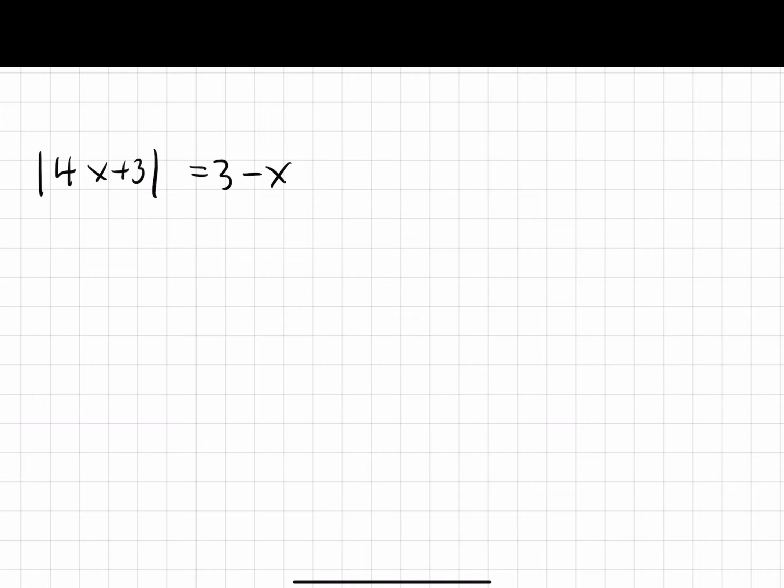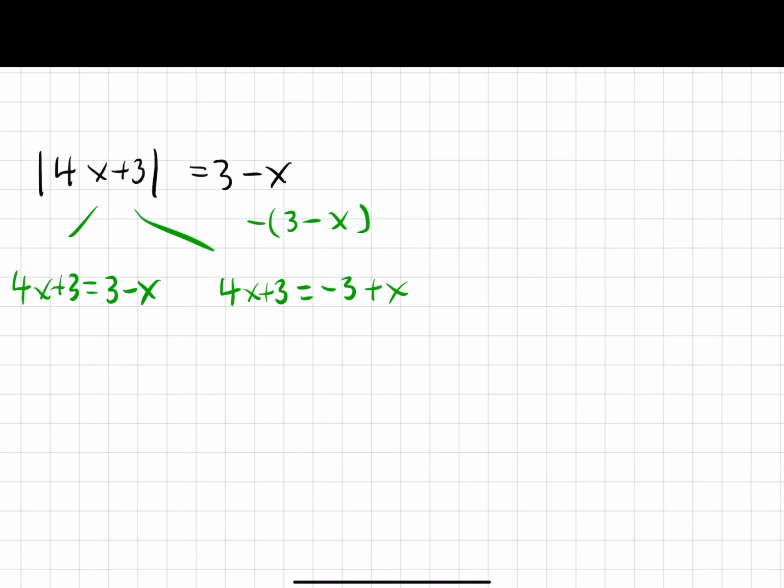My absolute value bars are already isolated, so I split. 4x plus 3 equals 3 minus x. 4x plus 3 equals the opposite of 3 minus x, which is negative 3 plus x. Let's solve both sides. So let's say we add x, subtract 3. 3's are gone, 3's are gone.